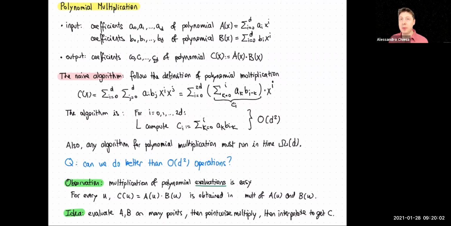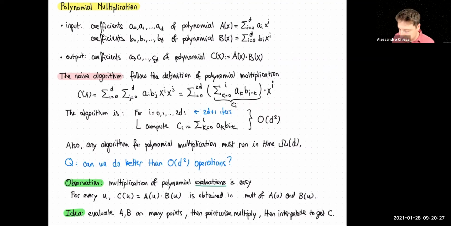Let me just pause here for a moment. Are there questions about the problem statement and the naive algorithm? Okay. All right, let me just explain again, why is it order of d squared? Here we have 2d plus 1 iterations, okay?